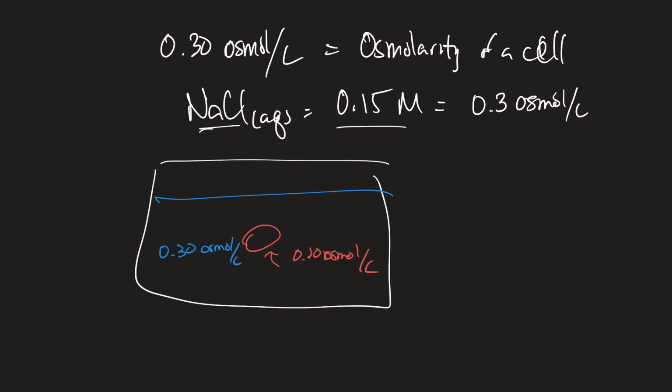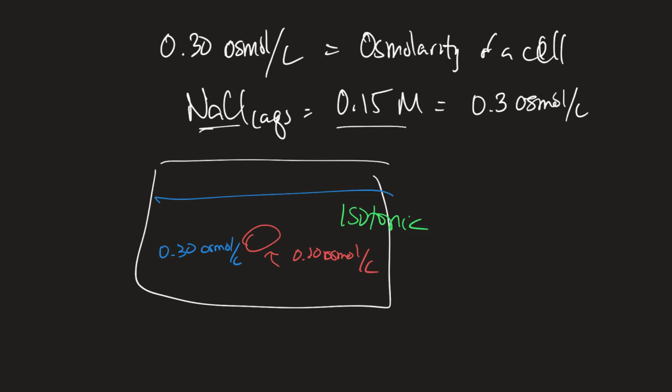This condition is isotonic. It simply means that the concentration within the cell and the concentration outside the cell are exactly the same, and the cell overall will not be harmed. So there's not going to be a change in which way the water is going.